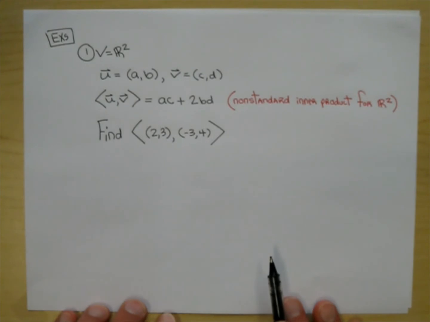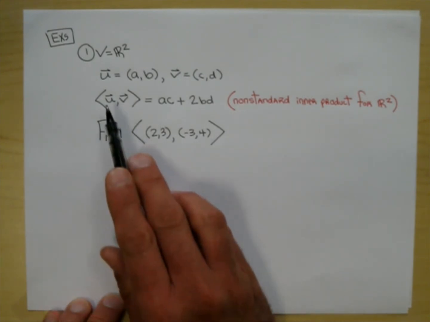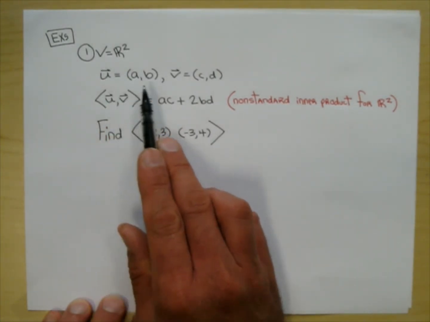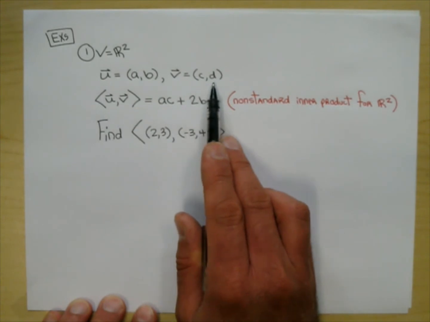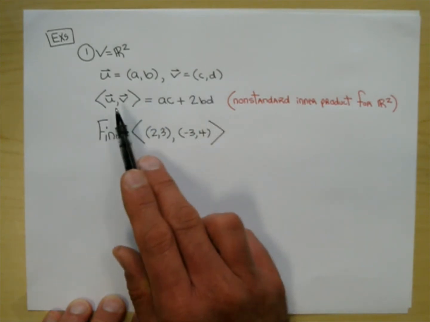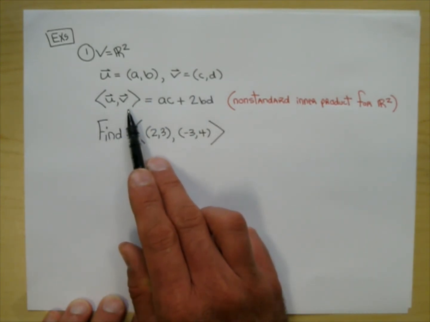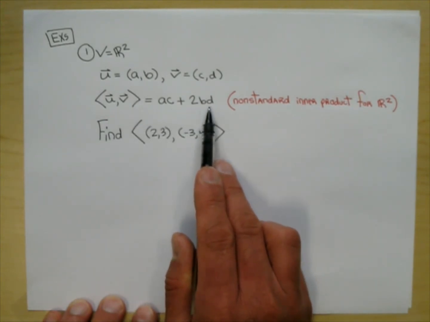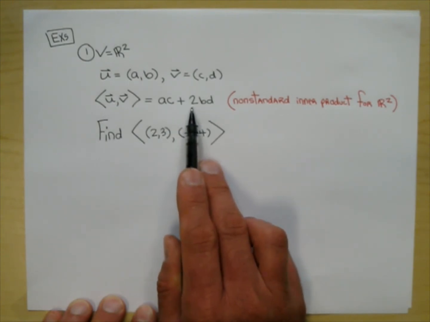What I'm going to do is I'm going to give you a non-standard inner product. Okay? So the vector space is R2. You've got two vectors, U and V, which I'm going to call A, B, and C, D. I'm going to define the inner product to be AC plus 2BD. Okay, so it almost looks like the dot product, except there's a 2 there.